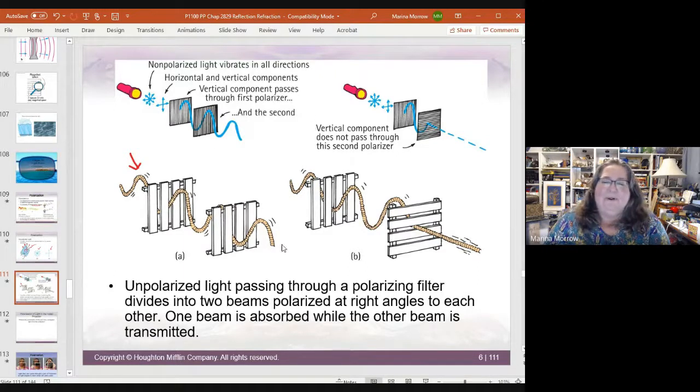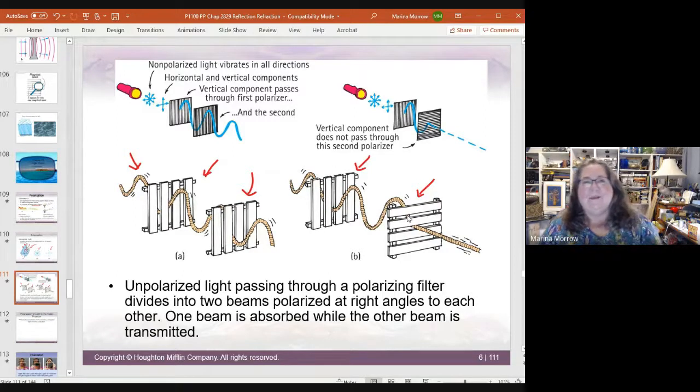Polarizing filters or fences can be set up where here would be two polarizing filters that are parallel to each other. So the rope that's shaken up and down can get through the picket fence. Whereas in this case, one of the fences is upright, but the other fence is tipped over sideways. So the rope that gets through the first part can't get through the second part because it can't go sideways. And this happens with polarizing beams too.